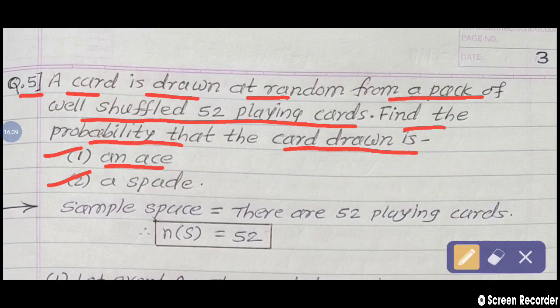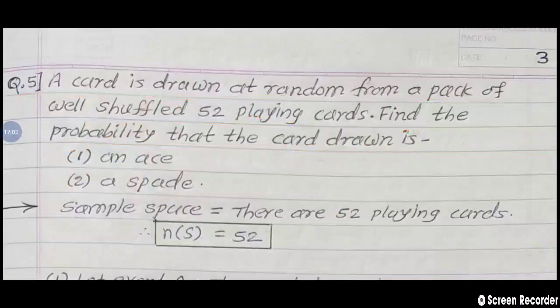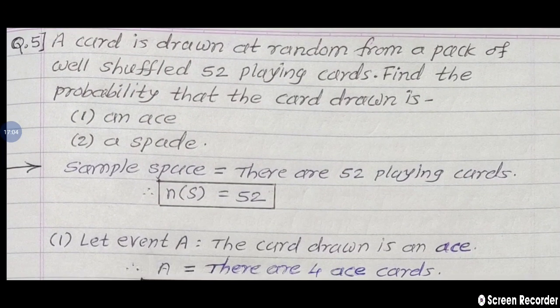In 52 playing cards, there are total 4 types or suits. So 52 divided by 4. In each suit, how many cards are present? 13. 13 4s are 52. So how many spade cards are there? Total 13 spade cards. All of you know about these types of cards.